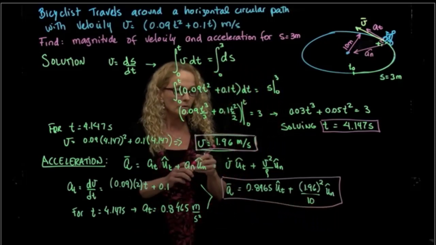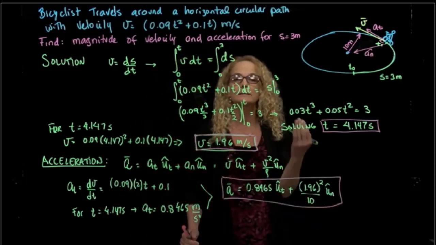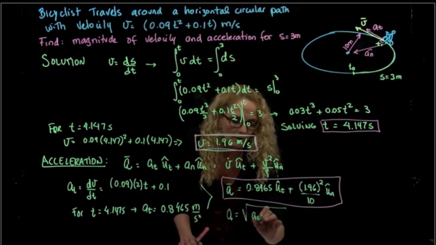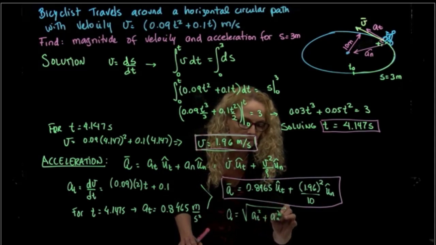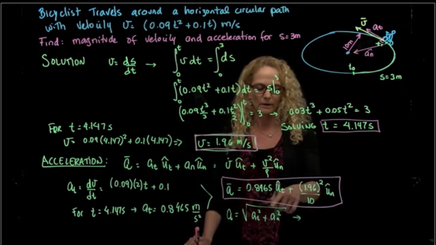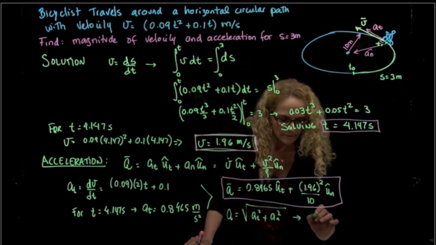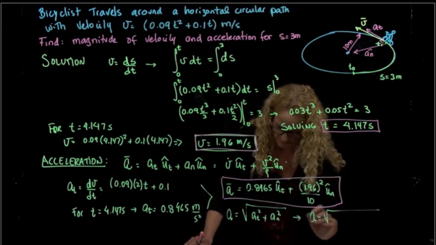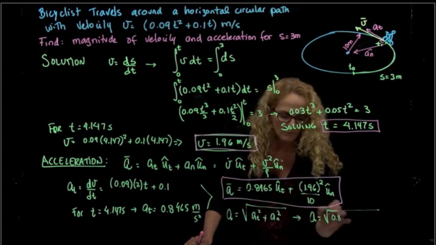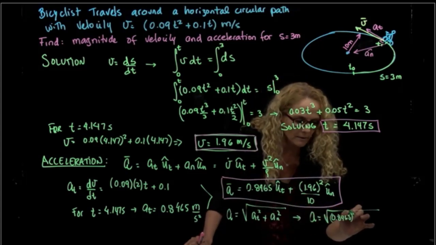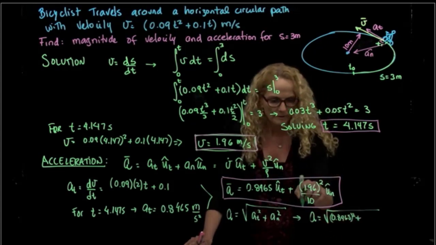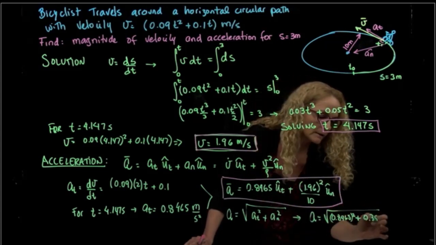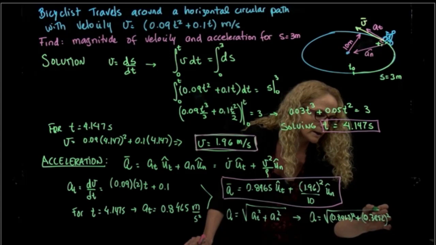This is the vector form, and if we want it as a magnitude, we have the square root of the tangent acceleration squared plus the normal acceleration squared. Plugging in this value and this value, that's the square root of 0.8465 squared plus 0.3852 squared.